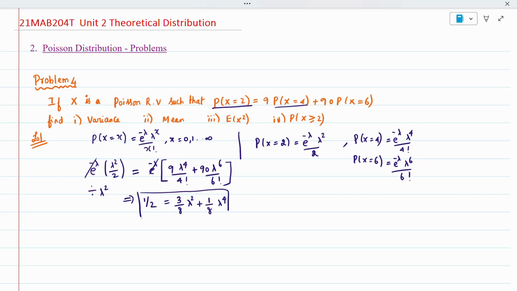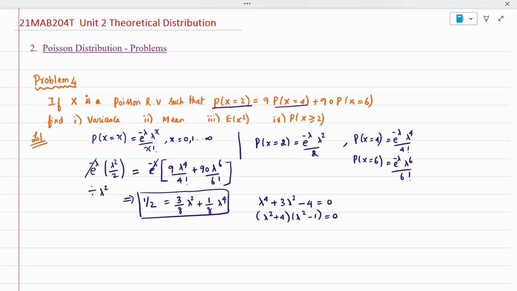Now simplify this equation and you will get lambda. Cross multiplying and simplifying: lambda power 4 plus 3 lambda squared minus 4 equal to 0. Writing the factors: lambda squared plus 4 into lambda squared minus 1 equal to 0. Cross check: lambda power 4, 4 lambda squared minus lambda squared, so minus 4.